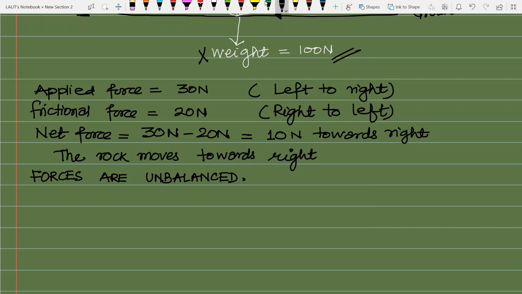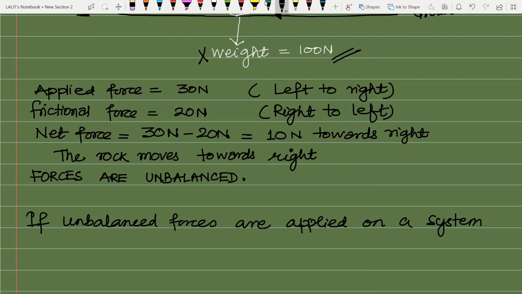So if unbalanced forces are applied on a system, then what would be the observation? What would be the first observation?